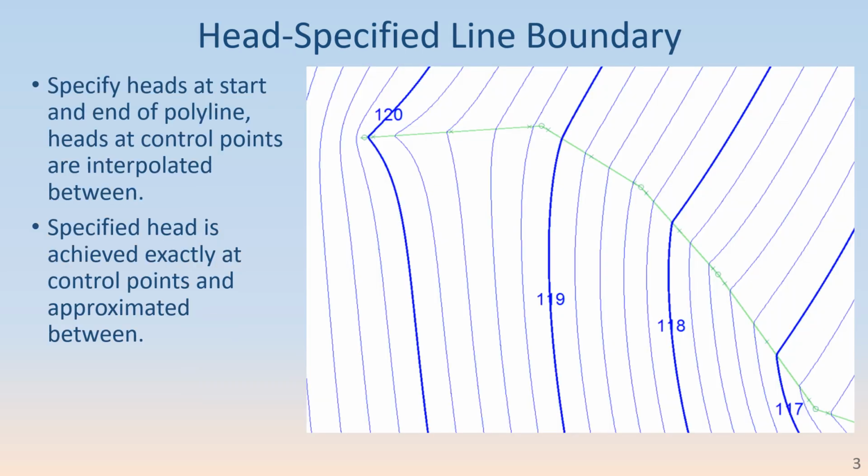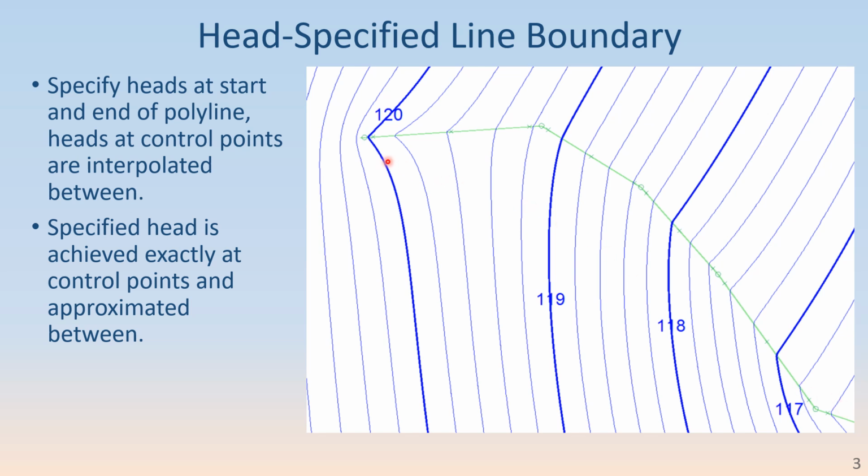Here's the head specified line boundary internal, which is just like the external head specified line boundary we discussed in the previous video. The example shown here has a specified head of 120 at this end, and I think 115 somewhere to the right of this screen grab plot.